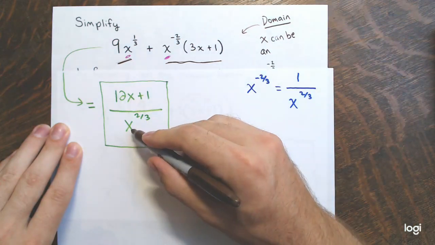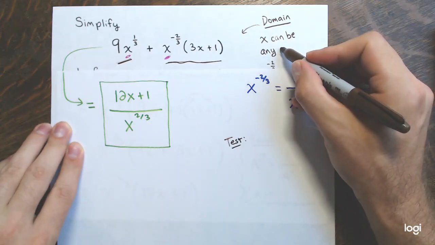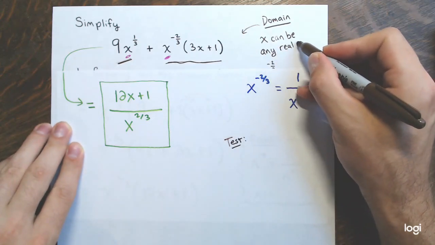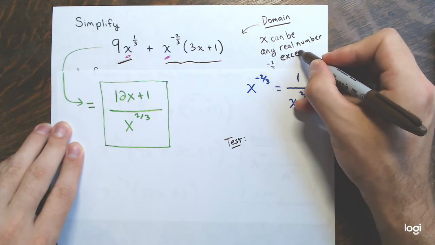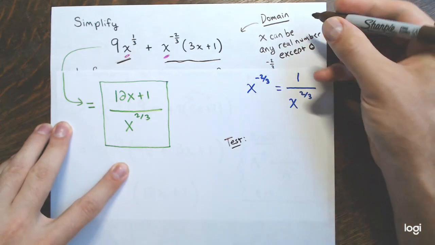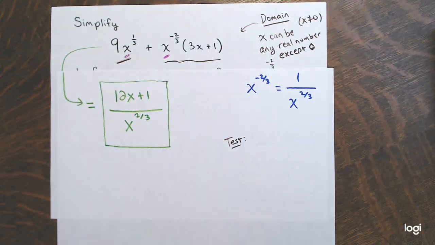I don't want to be dividing by 0 at the end, having 0 in the denominator. That's undefined. It can be any real number except 0. Or just simply put, x cannot be 0. All right, so plug in anything else you want.